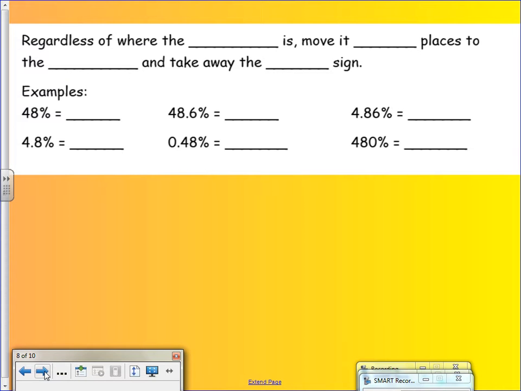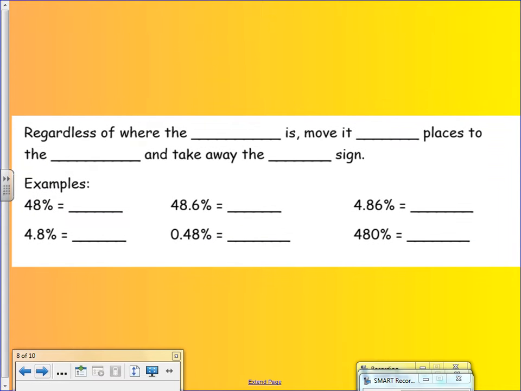So regardless of where the decimal is, move it 2 places to the left and take away the percent sign. Okay? So we're going to move it 2 places to the left this time, and we're going to take away the percent sign.